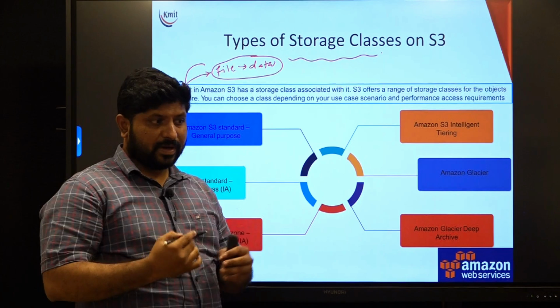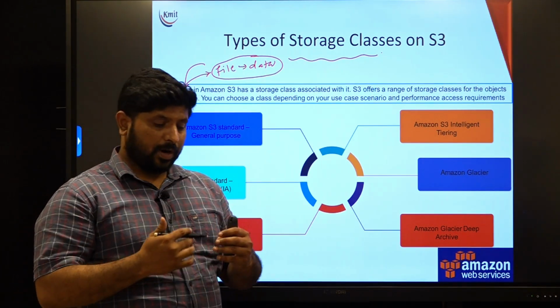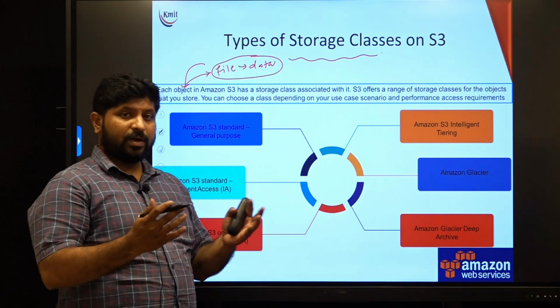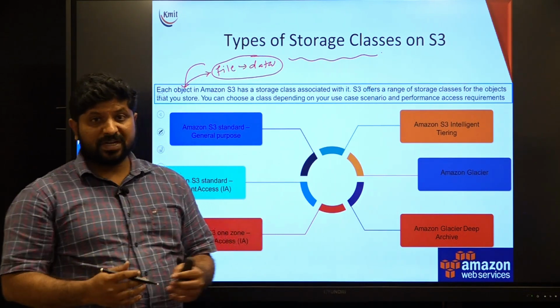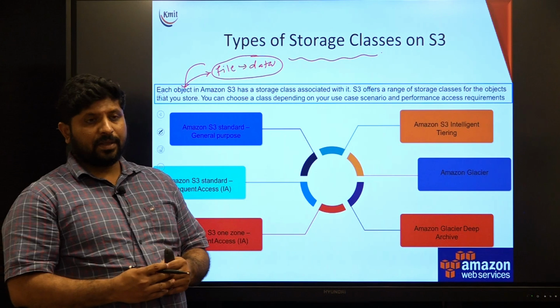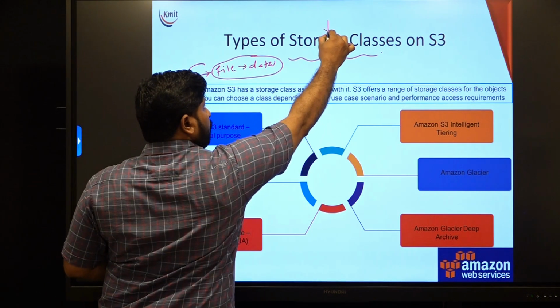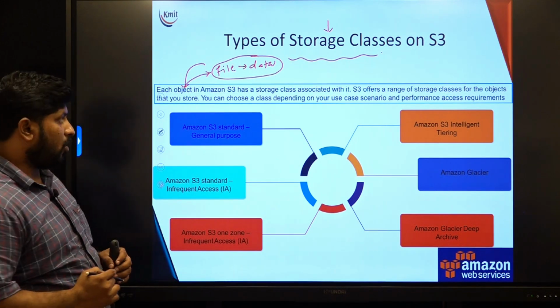Basically, it depends on how frequently you are accessing a particular object. If you are not accessing an object very frequently, or infrequently, say in the last 30 days, or in the last 90 days, or in the last 1 year, or twice in a year, then we can have a particular type of storage class based on how frequently you are accessing an object.